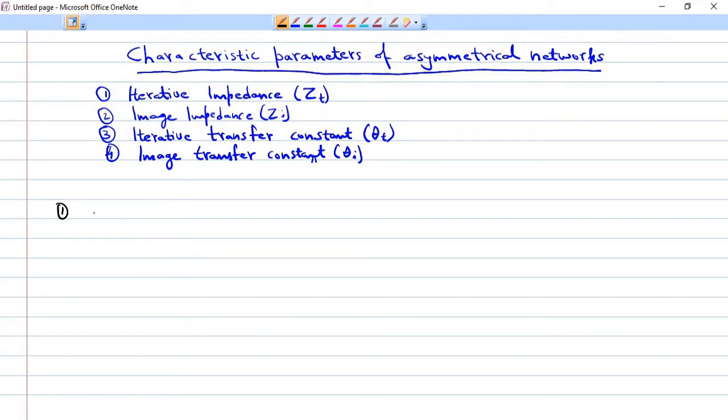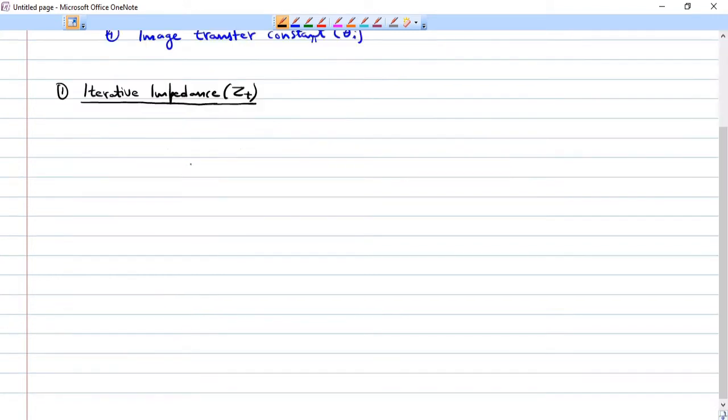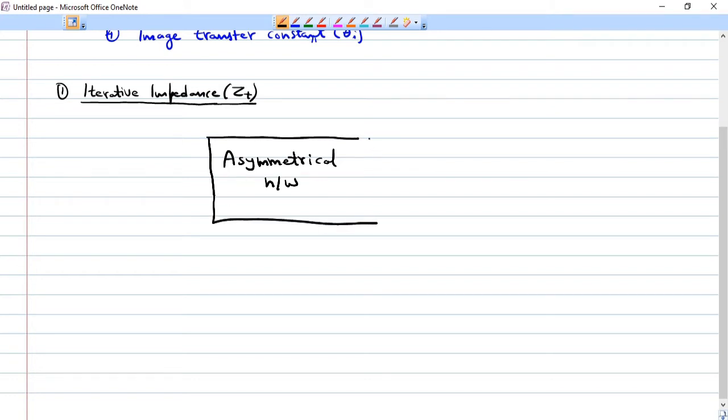So how did we define iterative impedance? So we consider an asymmetrical network. Okay.